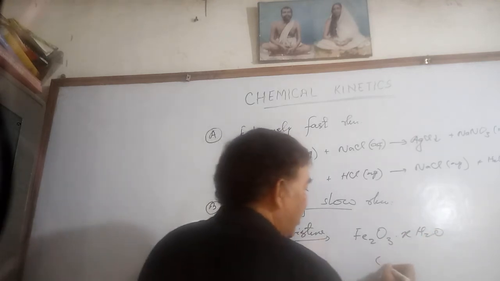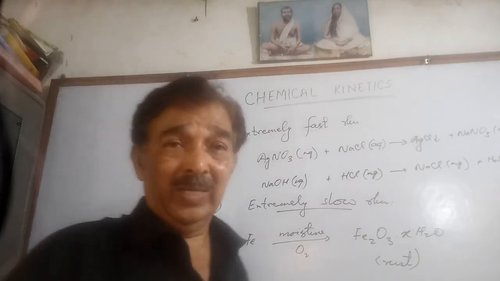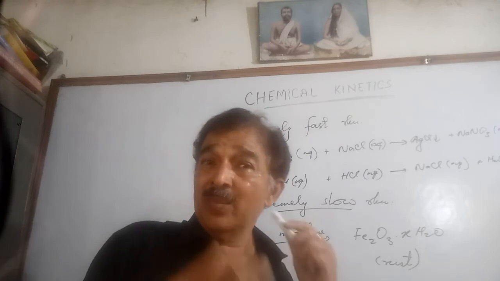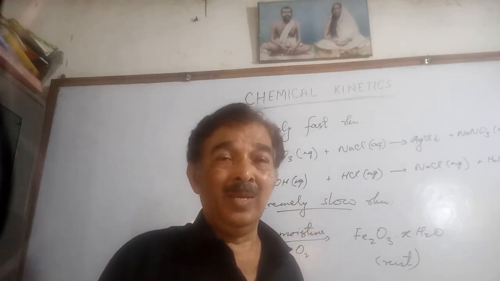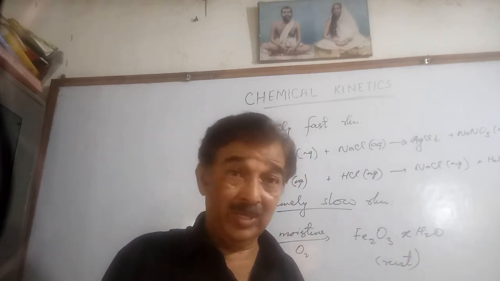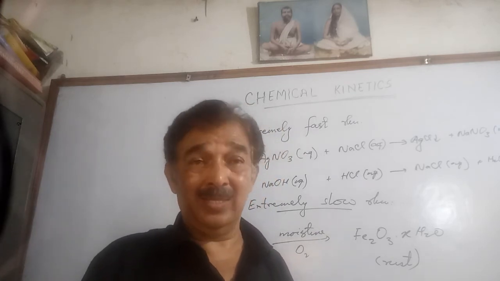This is the rust. So, the rusting of iron, once started, takes even a year, or two years, to complete, since the reaction is very slow. So, there is difficulty in determining the rate of such a reaction.